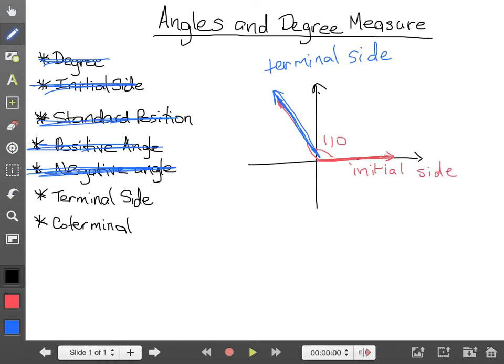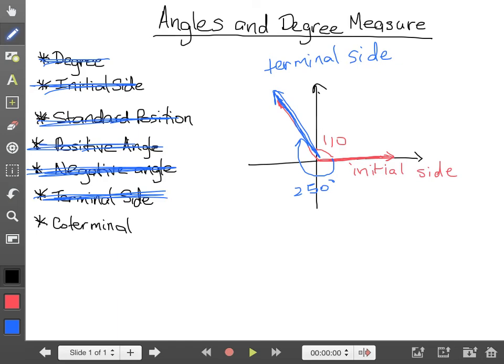Okay, so we now know that 110 degrees, that's positive, and negative 250 degrees are the same. So I'm actually going to define the next thing using that point. All right, so now we know what terminal side is.